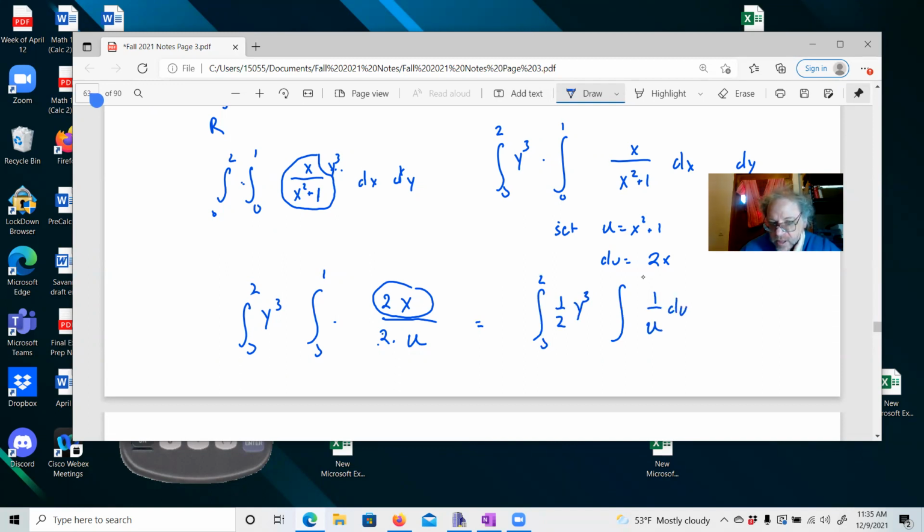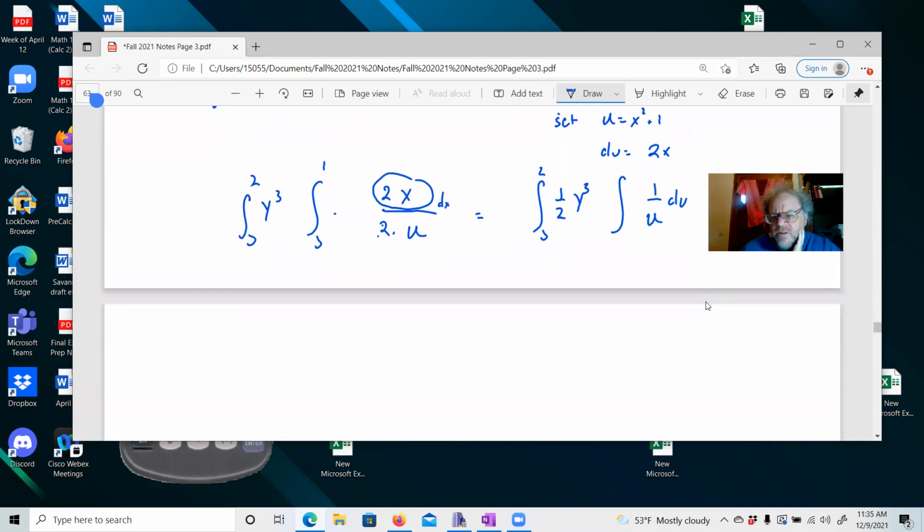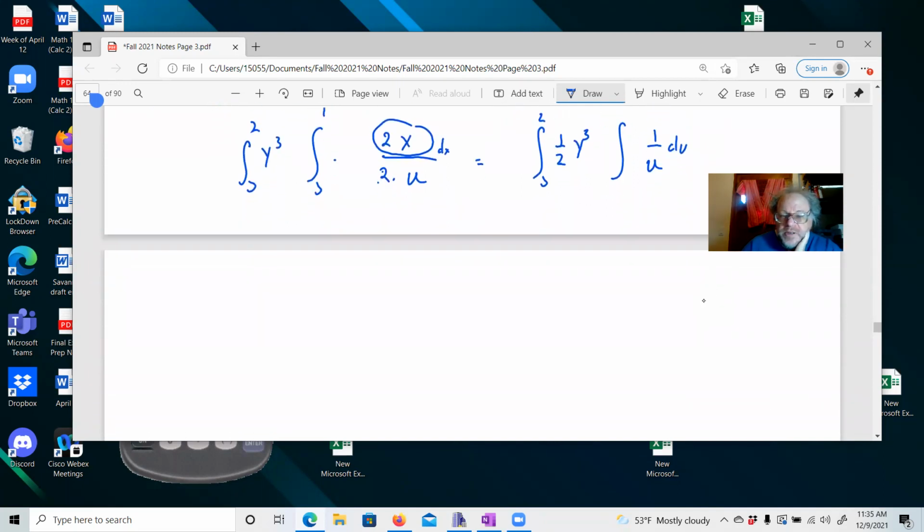And then du, that 2x dx. So what's the integral of 1 over u? Well, that's one we should know. That's 0 to 2. We have ln, oh wait, don't get carried away here. We have 1/2 y cubed, right, times this integral. This is going to be natural log of u.